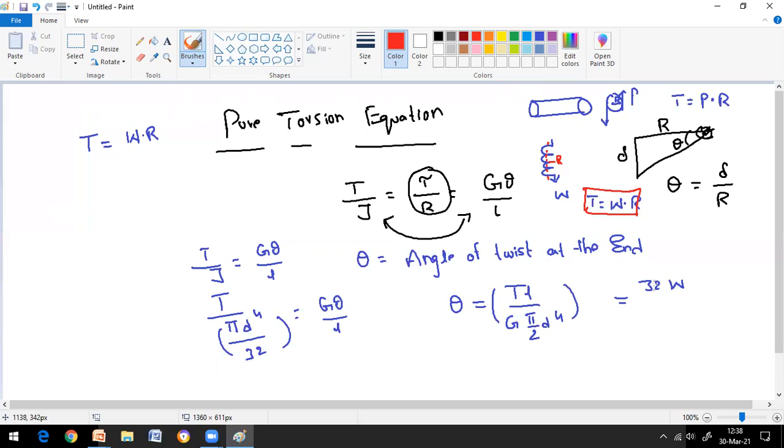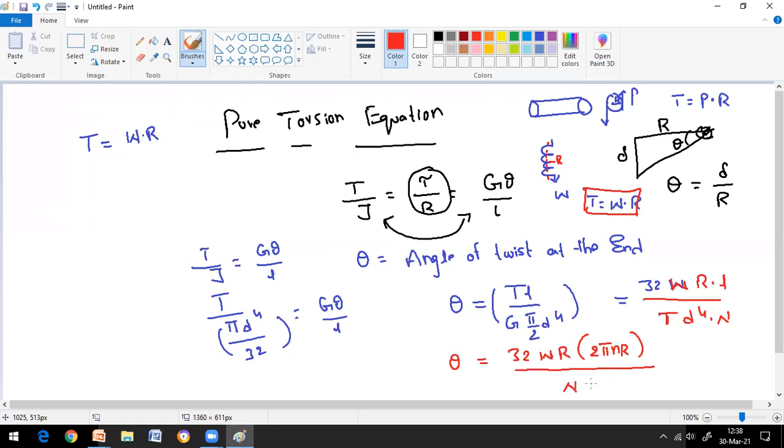By that, this can be written as 32 W R into L by G pi d power 4. What do you mean by L? L is nothing but the length of the spring. Finally, this theta can be written with T equal to W R. Length of the spring can also be denoted as 2 pi N R. What do you mean by 2 pi N R? It is the total length of the spring with respect to the number of turns and the radius of the coil.